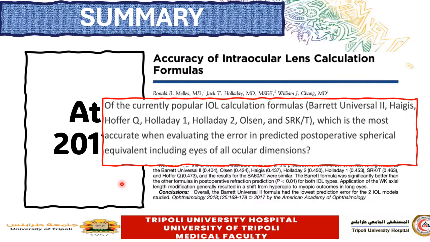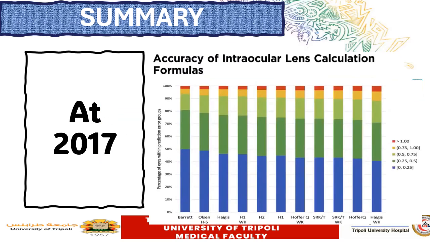And they became happy to continue using the Barrett Universal 2 formula as a very accurate prediction of the IOL power as compared to the other formulas.